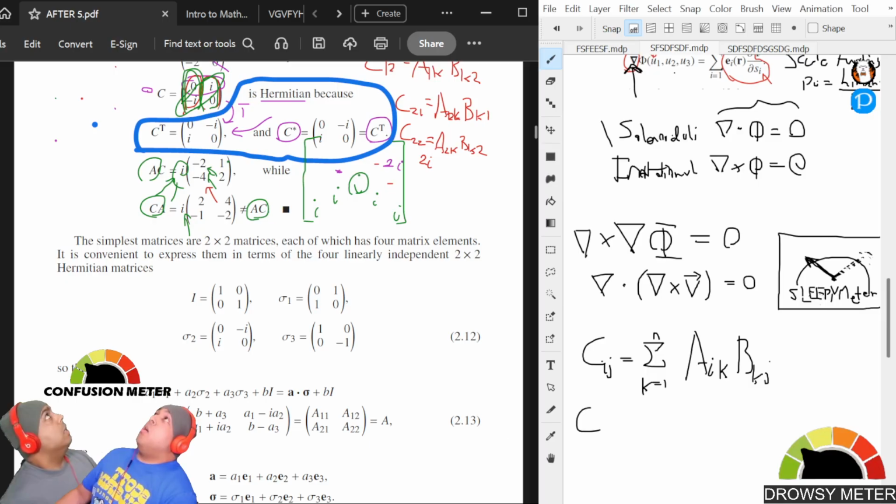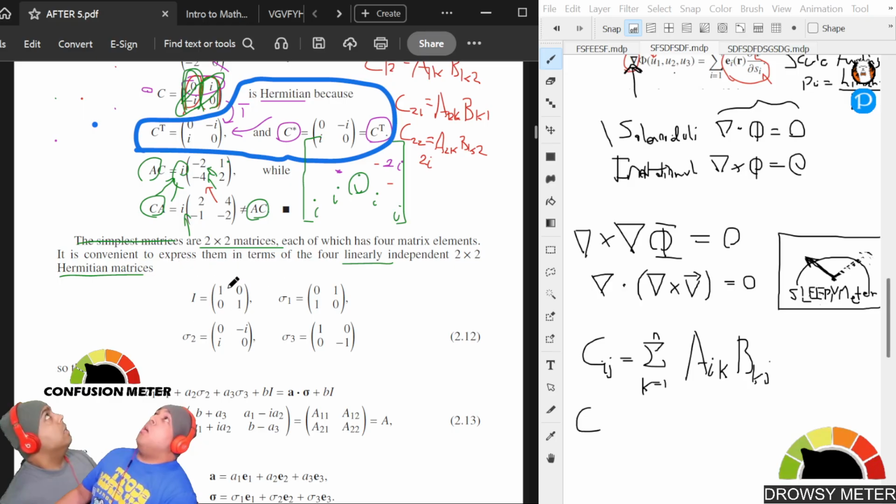The simplest matrices are 2 by 2 matrices, each of which has 4 matrix elements. It is convenient to express them in terms of the 4 linearly independent 2 by 2 Hermitian matrices.